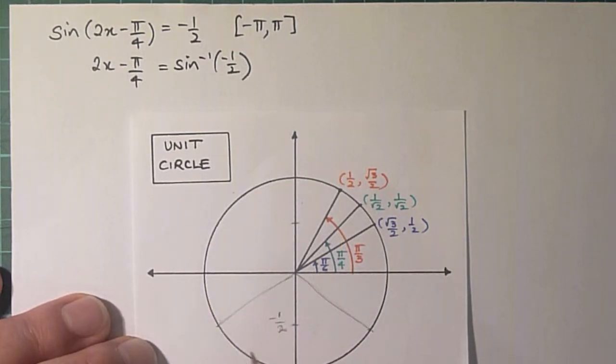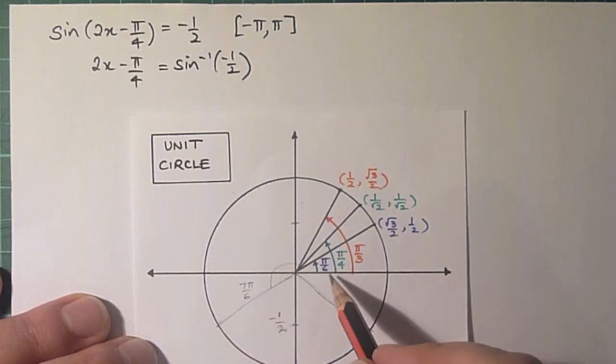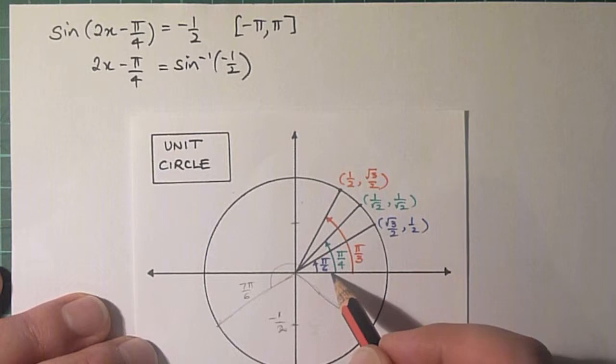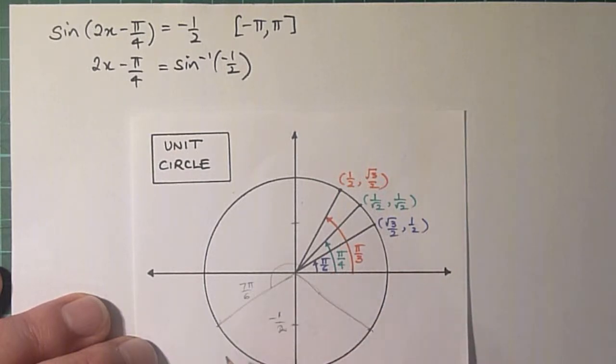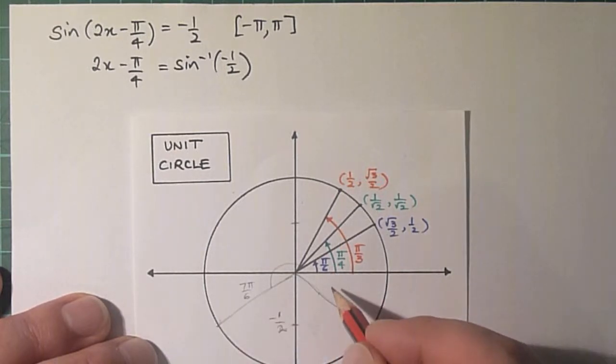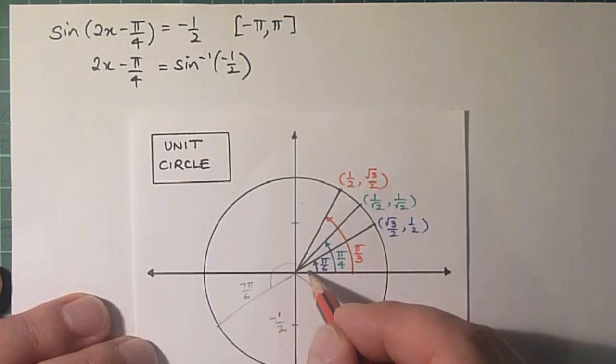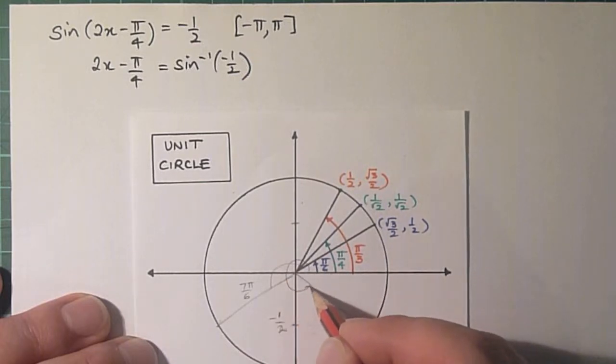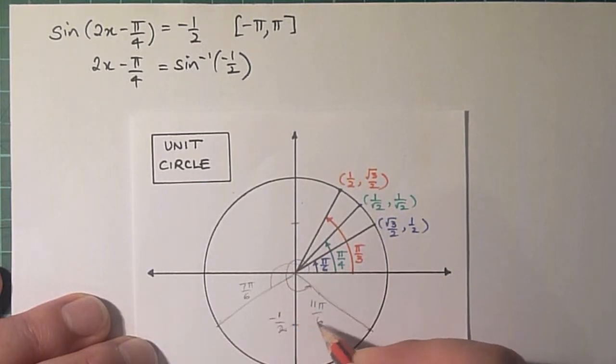And since pi is really 6 pi on 6, another pi on 6 gives us 7 pi on 6. This one here is really all the way around to 2 pi, which is 12 pi on 6, take away pi on 6, so 12 pi on 6 take away pi on 6 will give us 11 pi on 6. So they look like possible candidates for a solution, 7 pi on 6 and 11 pi on 6.